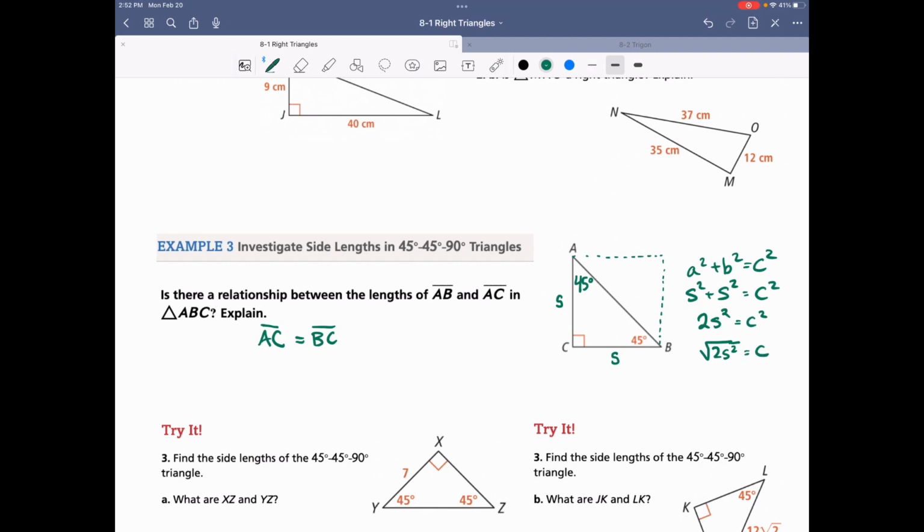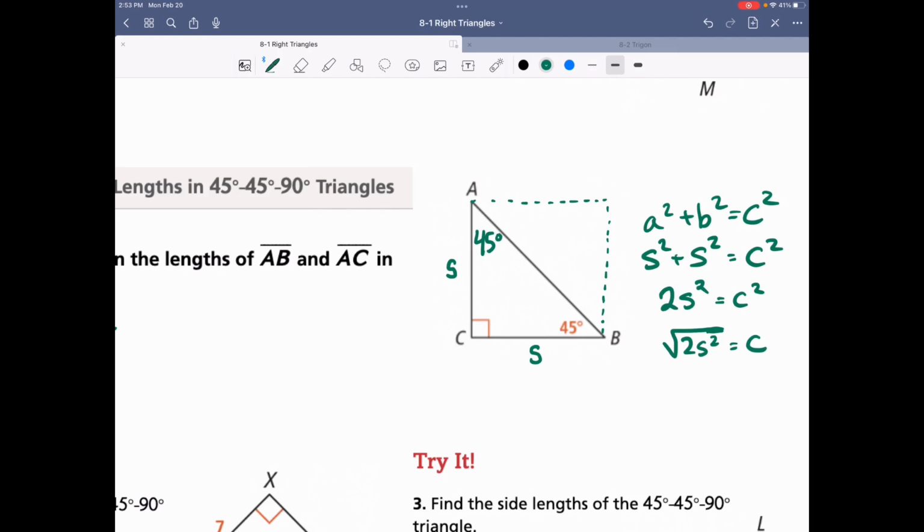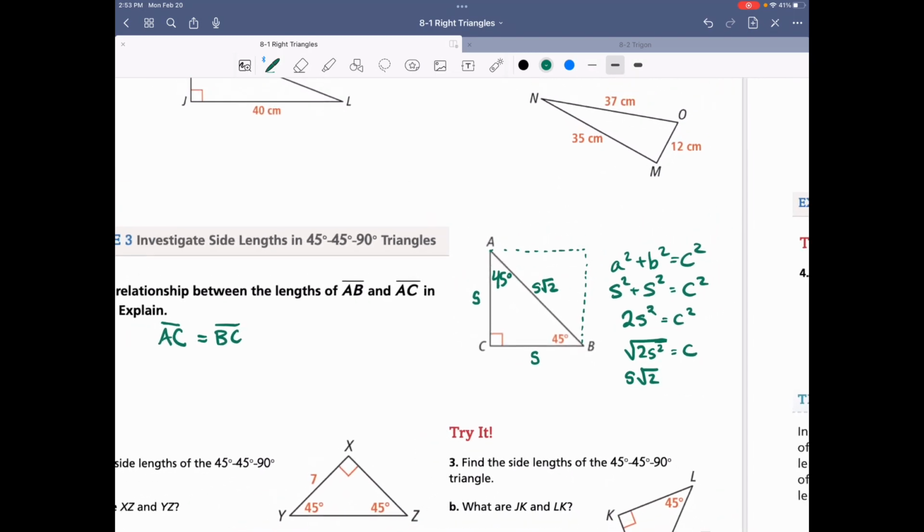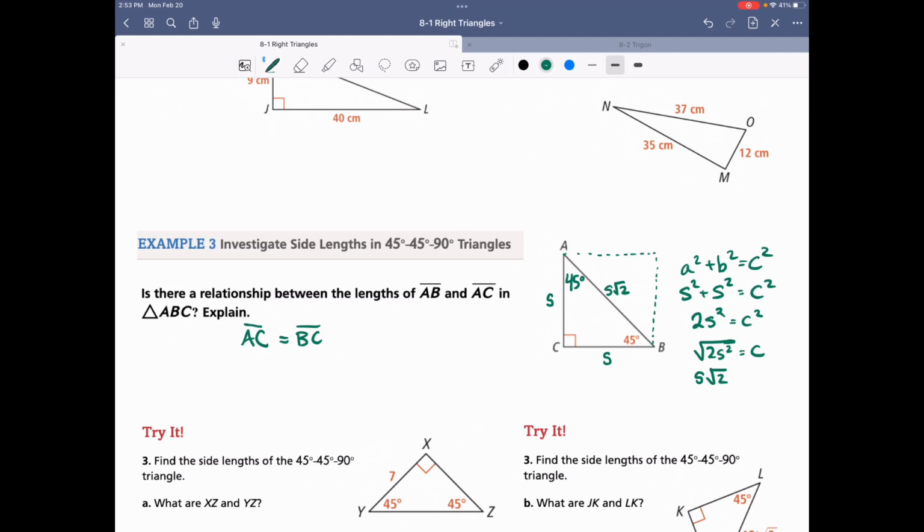Using how we simplified square roots before, since it's an s and an s, s can come out and 2 stays in. So that is the relationship. If those are s's, then this is s square root of 2. And then that will be true for any 45, 45, 90 triangle.